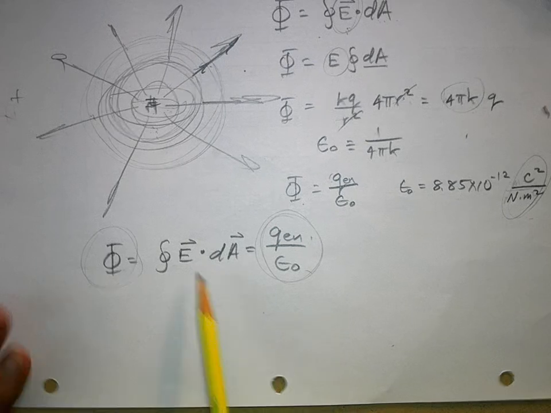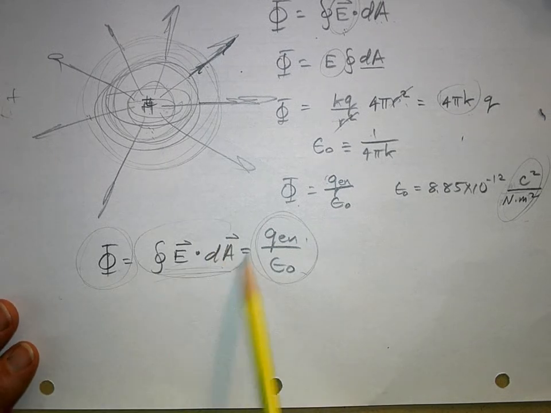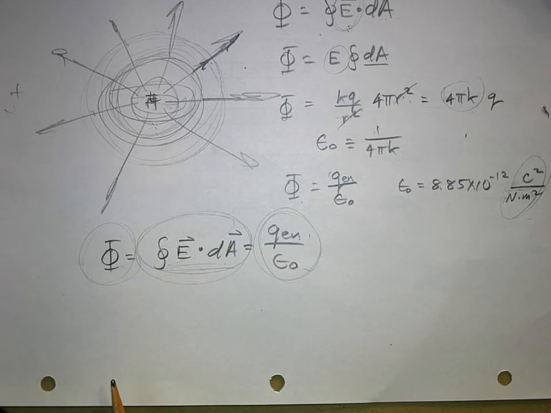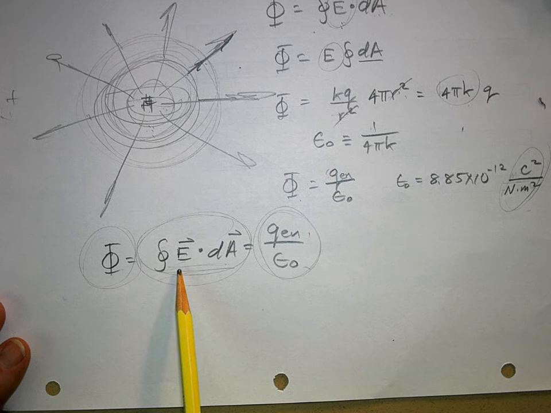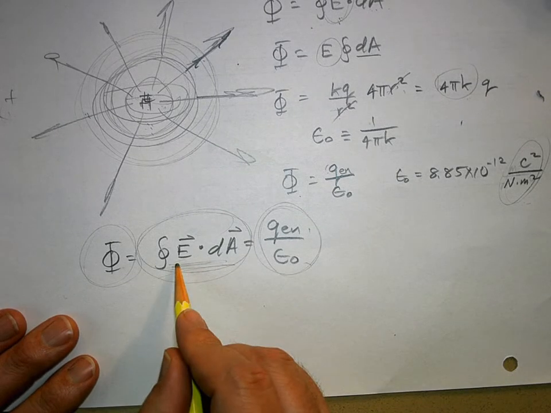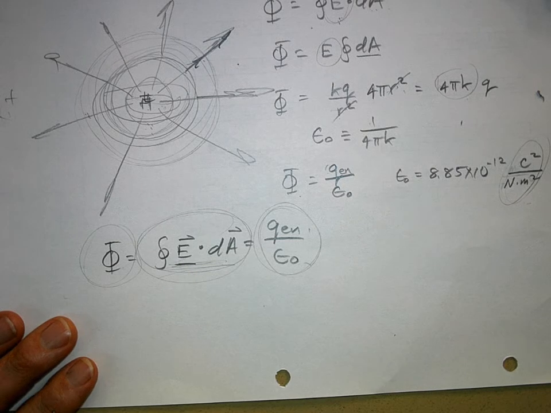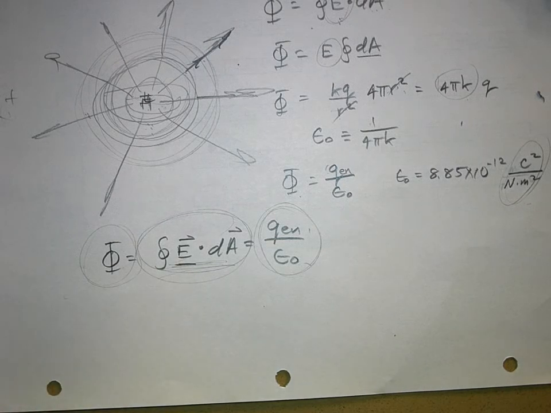When do I use this part of Gauss's law? We use this to find this part right here. Almost always, you use it to find the electric field given a highly symmetrical charge distribution, and it becomes very easy to do.